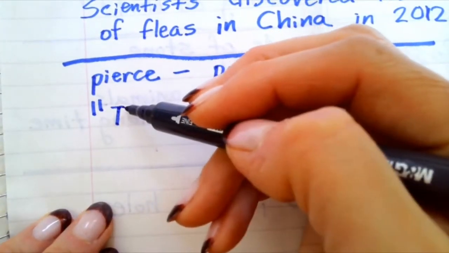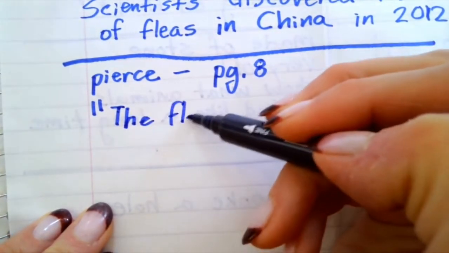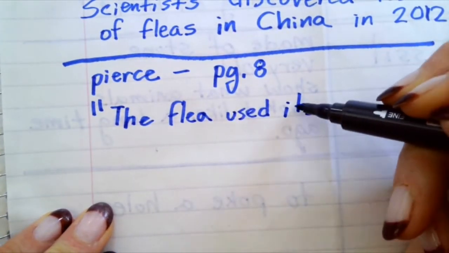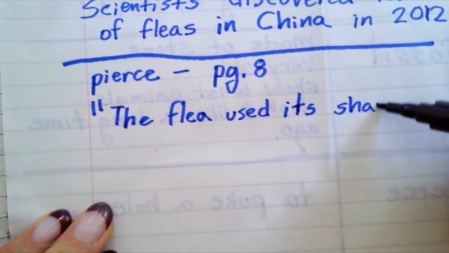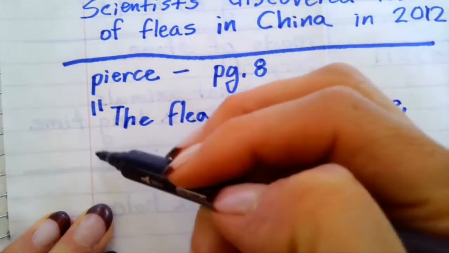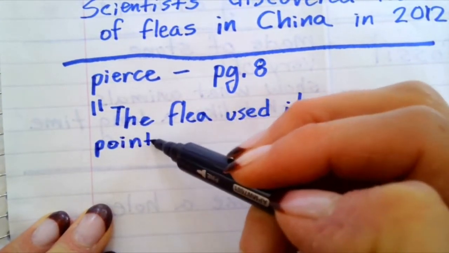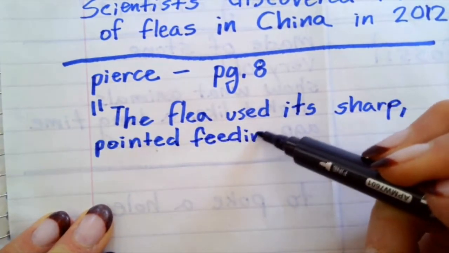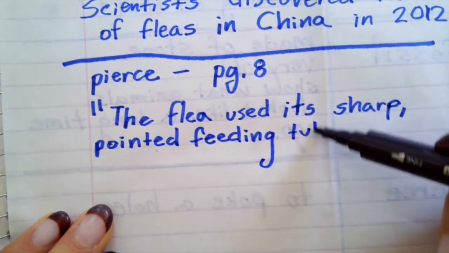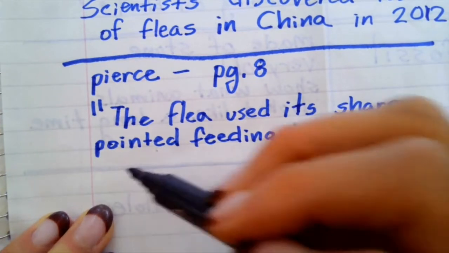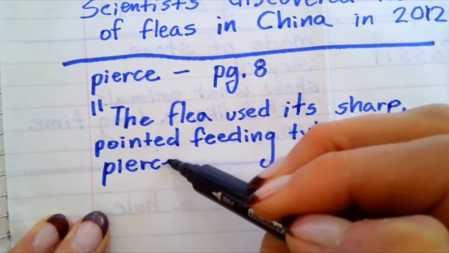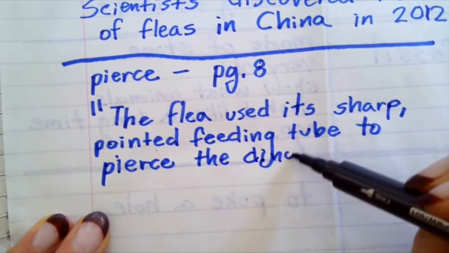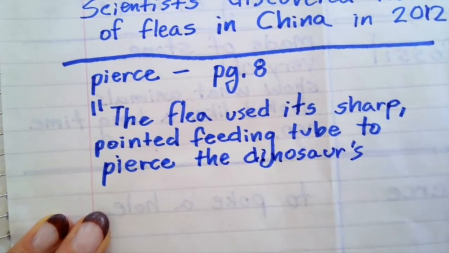It says, the flea used its sharp, pointed feeding tube to pierce the dinosaur's hide.